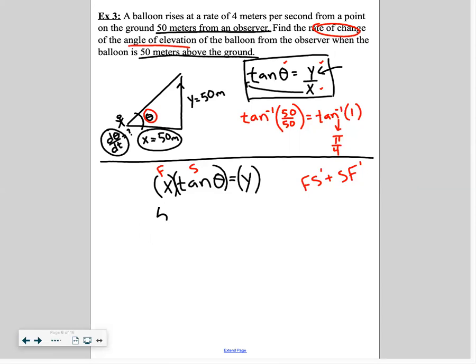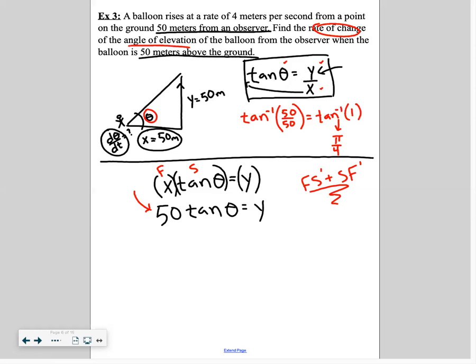So I could rewrite this as 50 tangent theta equals y. Again, you could do the product rule. You could do all this stuff in red that we were talking about. You're going to get the same answer. But all I did here was make this a constant, because I know that it's always going to be 50. That way I don't even have to use the product rule.